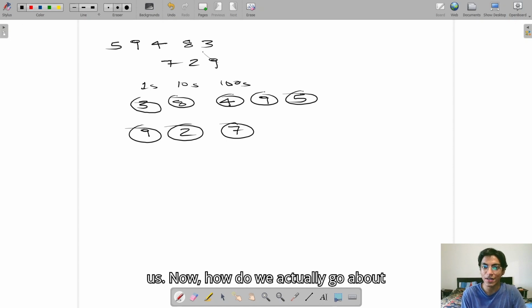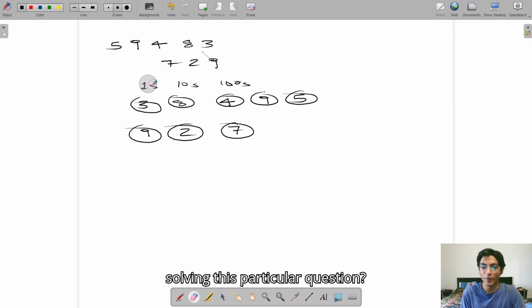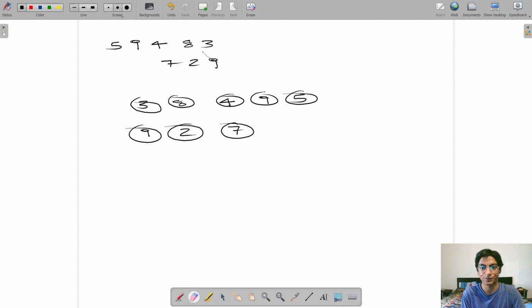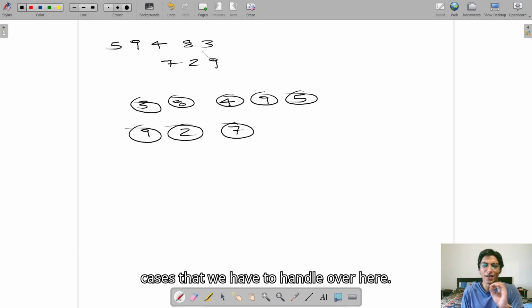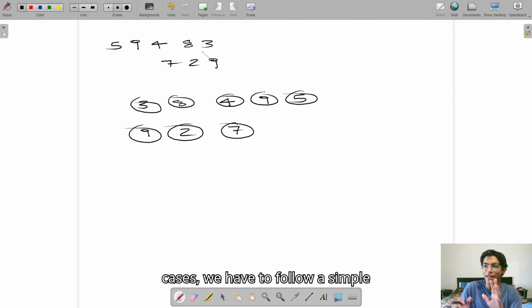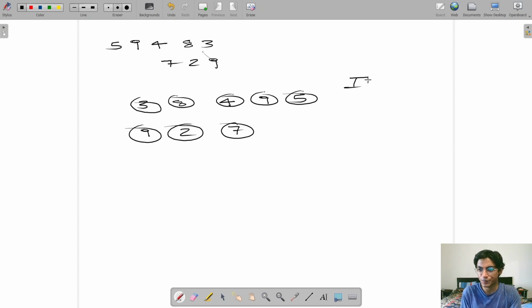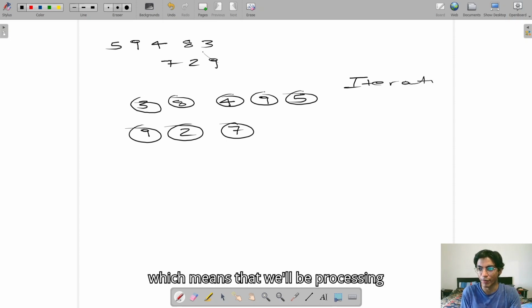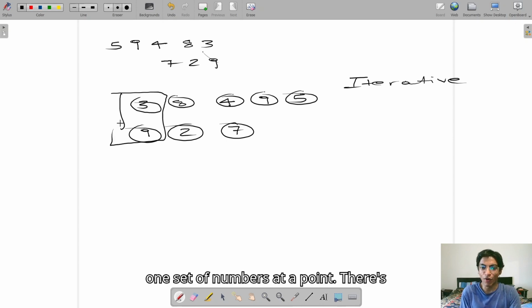Now, how do we actually go about solving this particular question? I say that there are roughly 4 cases that we have to handle over here. But before we get to the cases, we have to follow a simple iterative approach, which means that we'll be processing one set of numbers at a point.